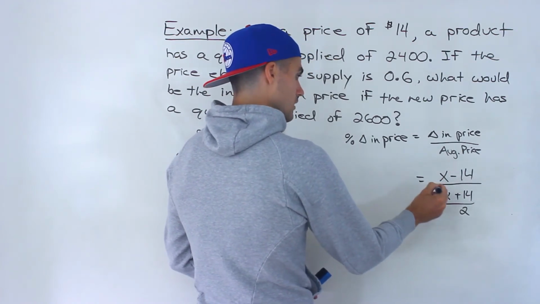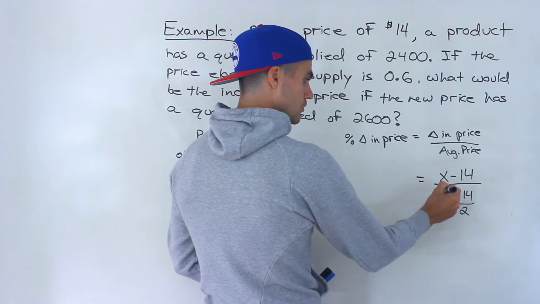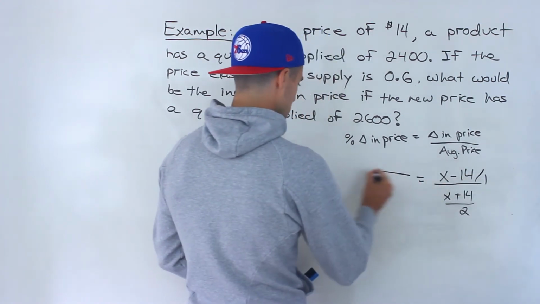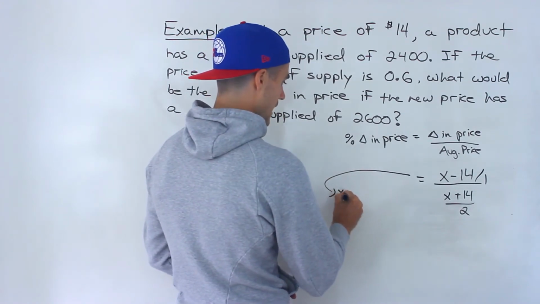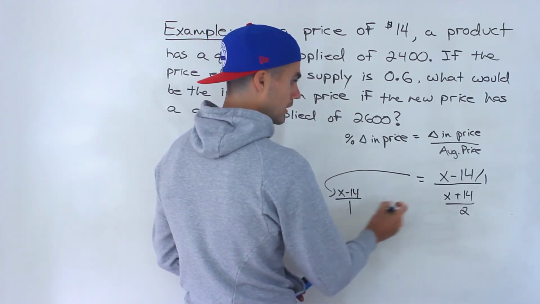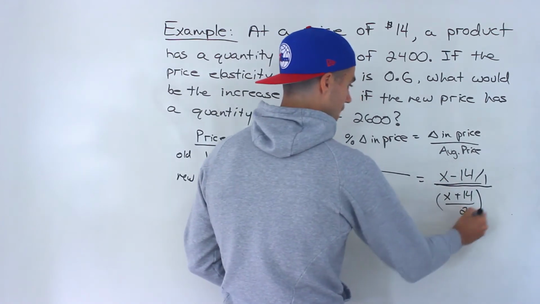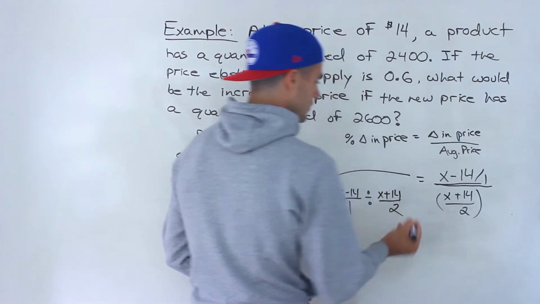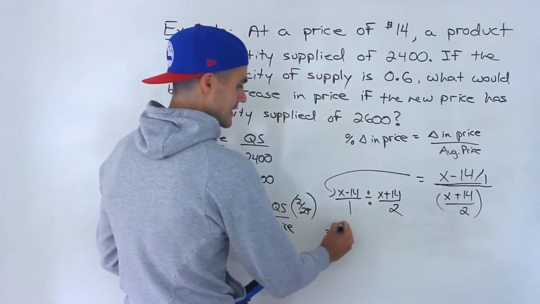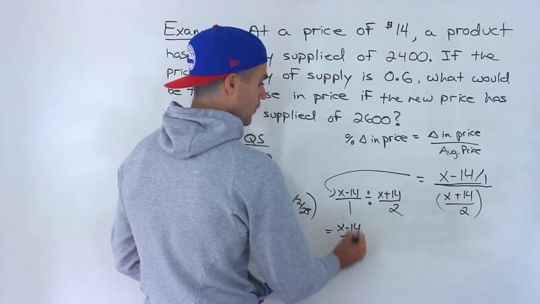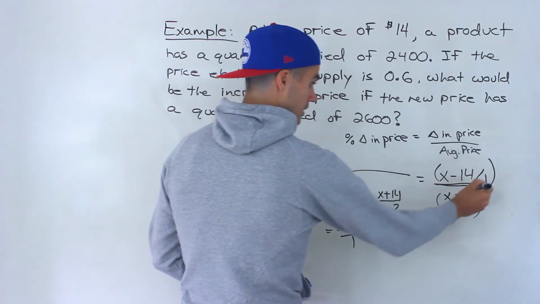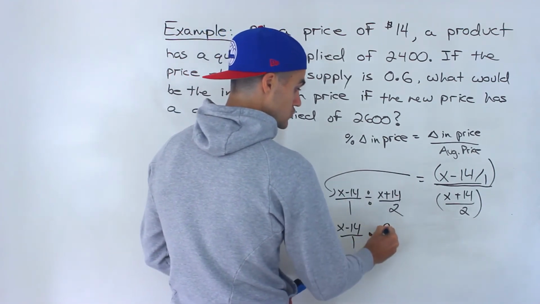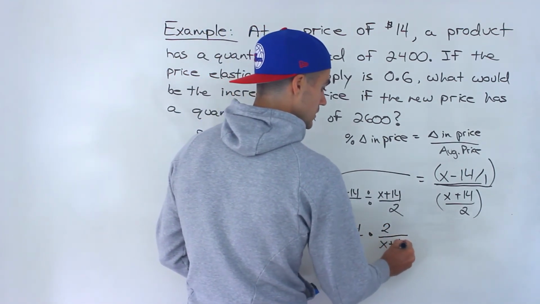So to simplify this, what I'll do is put this x minus 14 over 1, and it's like we're dividing by this fraction, x plus 14 over 2. So that's x minus 14 over 1 divided by this fraction, which is like multiplying by the reciprocal of this fraction, so 2 over x plus 14.